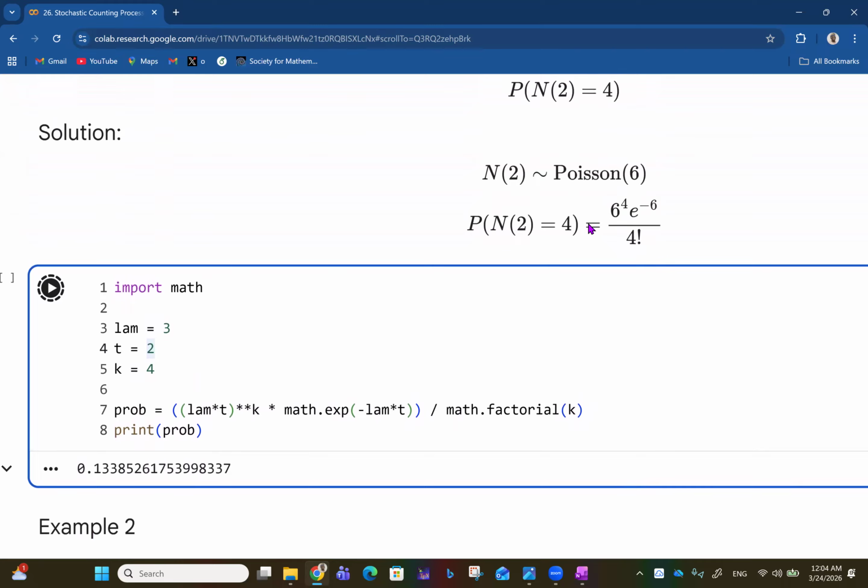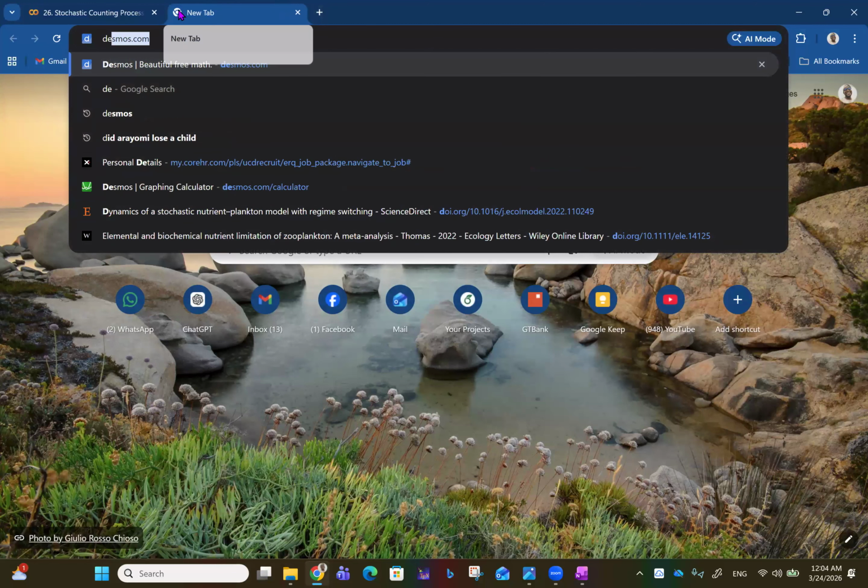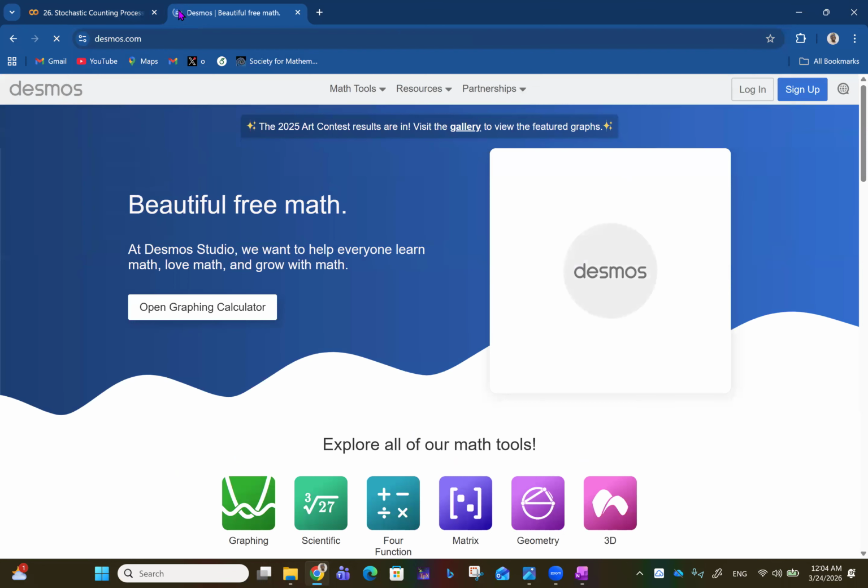Now, if you punch this expression into your calculator, you're going to get the same value. Maybe I can do it in decimals. So you have 6 raised to power 4, e raised to power minus 6, divided by 4 factorial, right? Let's go to decimals to see how that plays out.